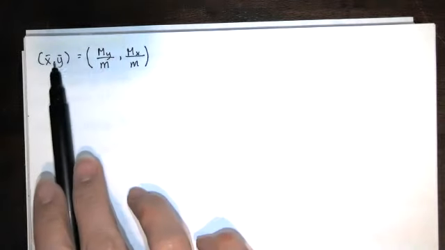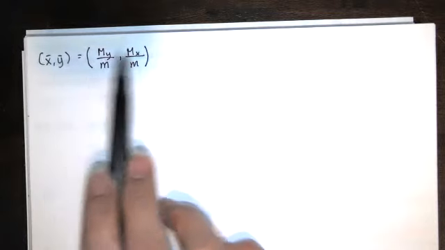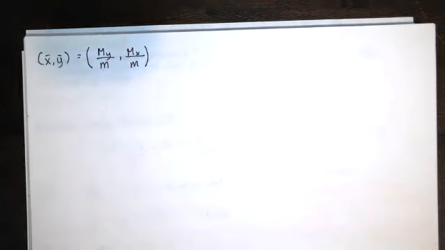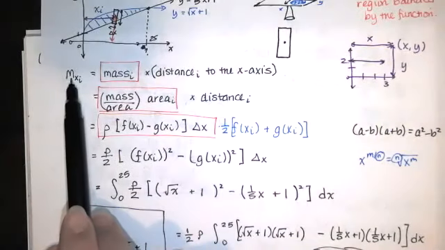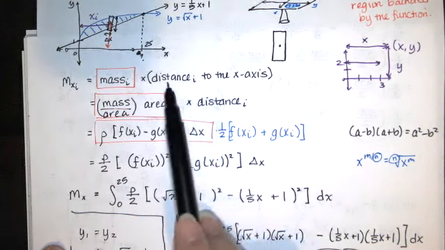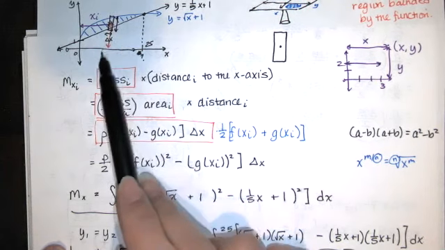It's counterintuitive that the x value has the moment about the y-axis and the y value for your center of mass has the moment about the x-axis. But I think that if you remember where these formulas come from, it makes sense. The moment about the x-axis involved a distance to the x-axis, but that distance to the x-axis was a y value.